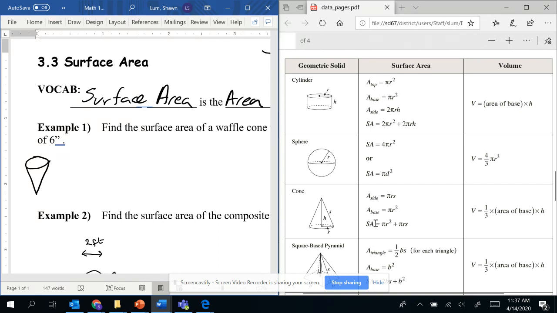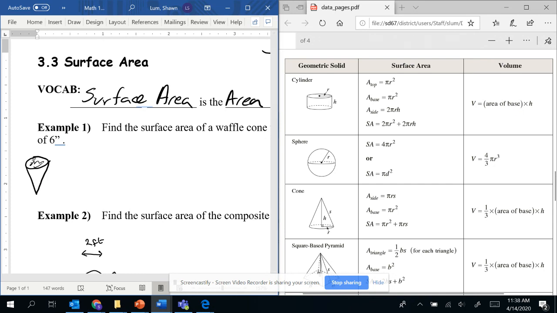Now, that is if the cone had this kind of lid on it. This would be it right here. Now, if we're trying to find the surface area of this waffle cone, if you know about a waffle cone, this part right here, there is no top to it. In other words, there is no base to it.